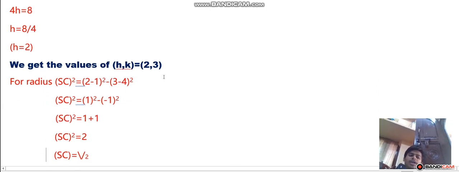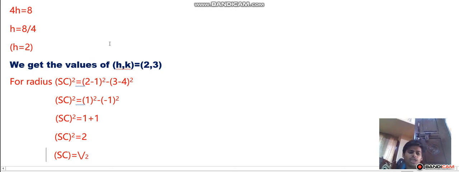We get h comma k, but we have to get r, the radius. From r only we can find the equation of the circle. For getting r, we have to substitute any one of the given points. We substitute this 2 comma 3. I will substitute the 2 comma 3 as S, with center C. For that we have to find the distance.